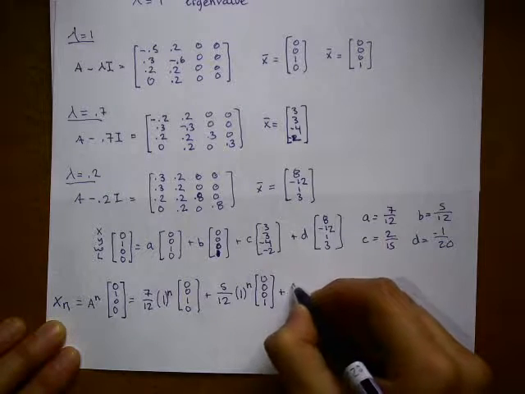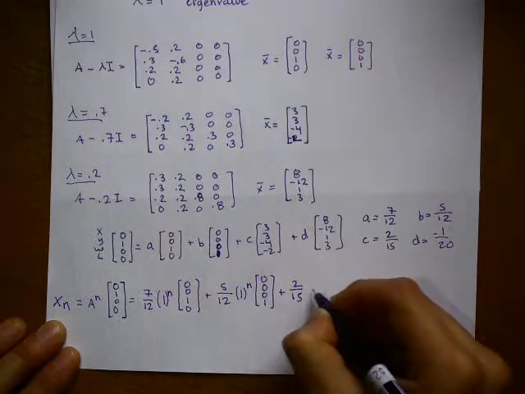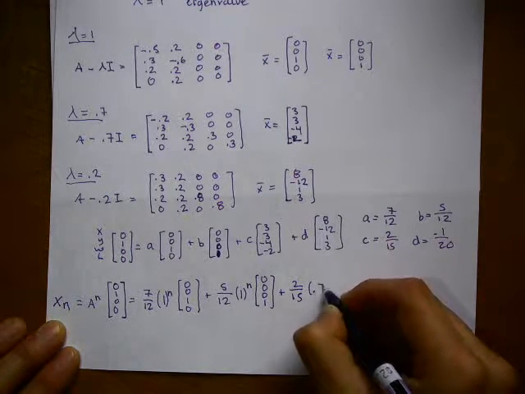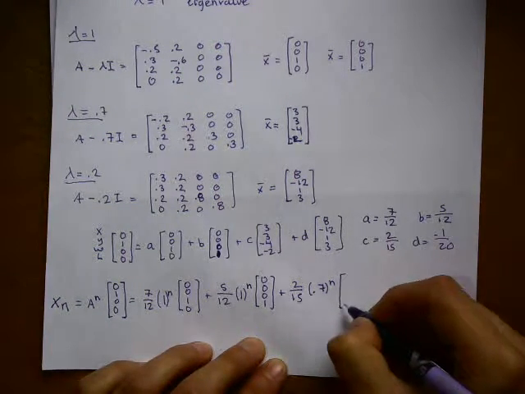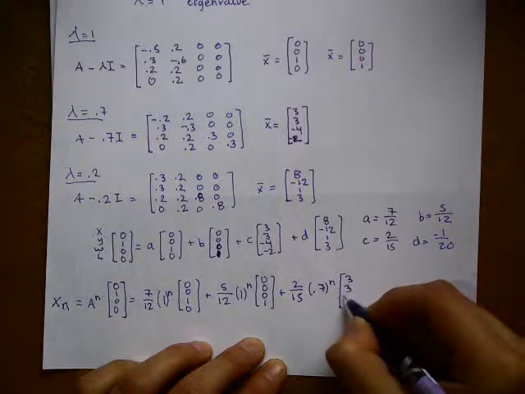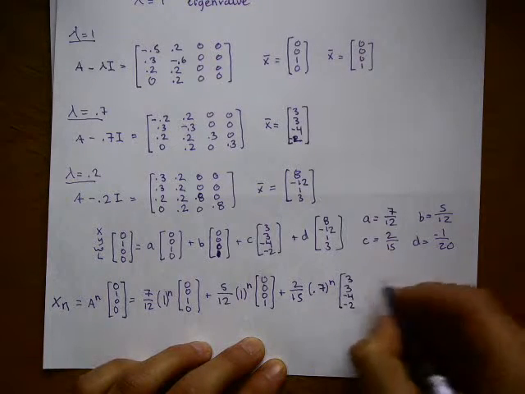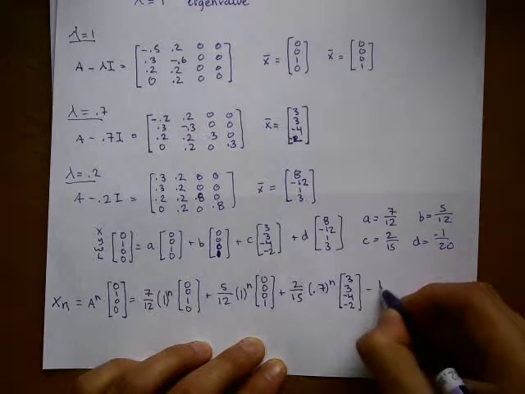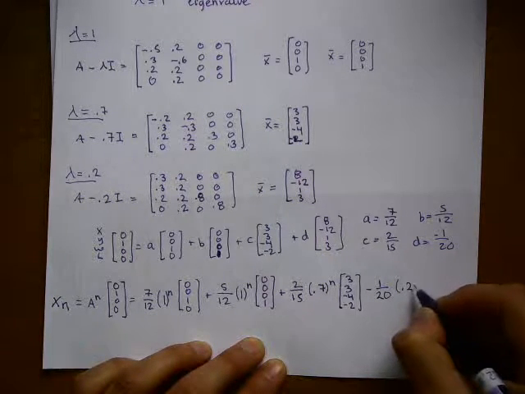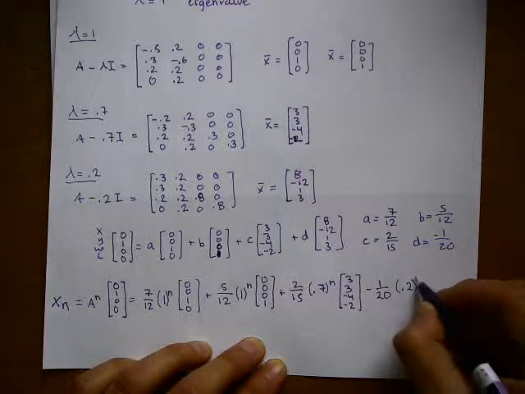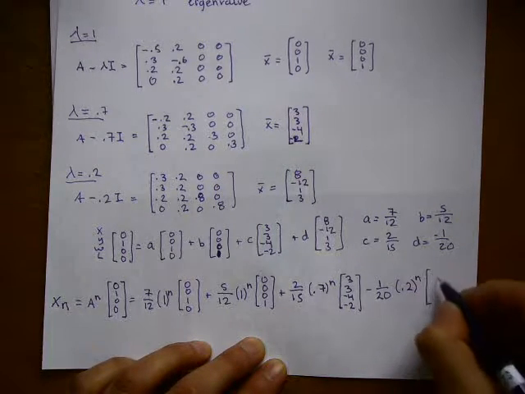Now we're going to sub in c, and the eigenvalue for that eigenvector is 0.7. Now sub in d, which is negative 1 over 20, and the eigenvalue associated with that eigenvector.